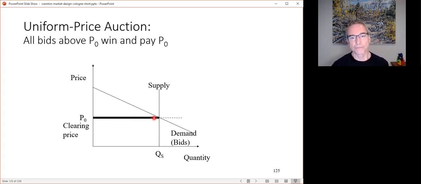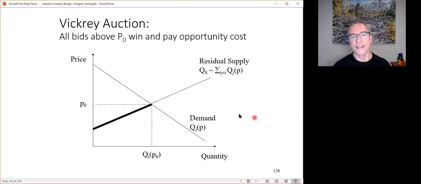And then the extension of the second price auction is the Vickrey auction. And in the Vickrey auction, we actually need to change the picture a little bit. We have to look at the individual demand rather than the aggregate demand.